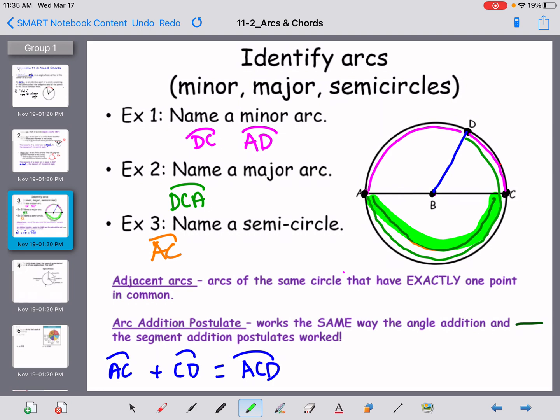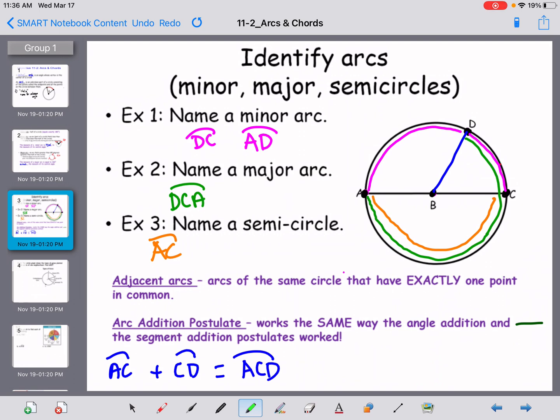The biggest thing is how you name them would depend on if it's the lower half of the circle, because if we named it CA, we might want to start here and go that way. So it kind of just depends on how you're looking at it as to what you're going to name it.